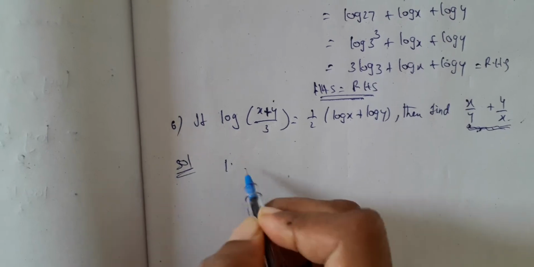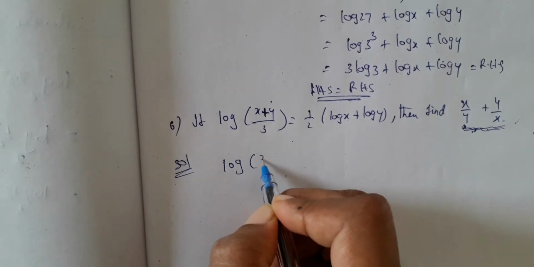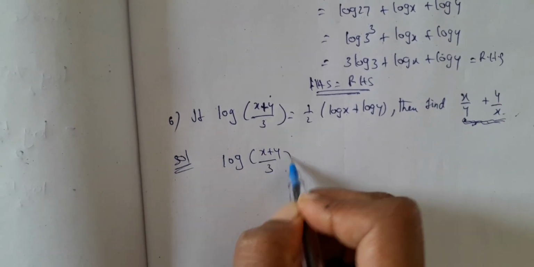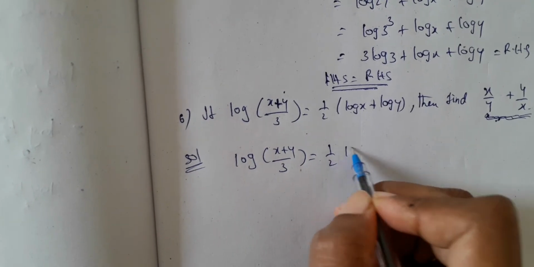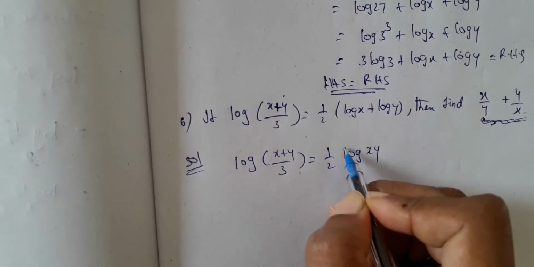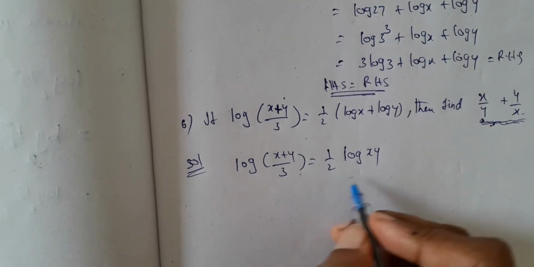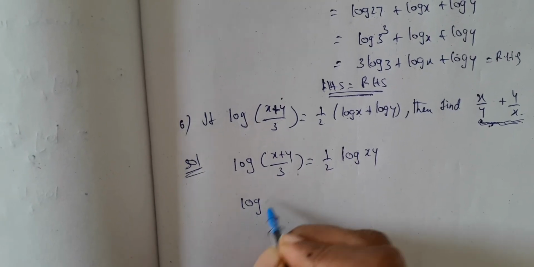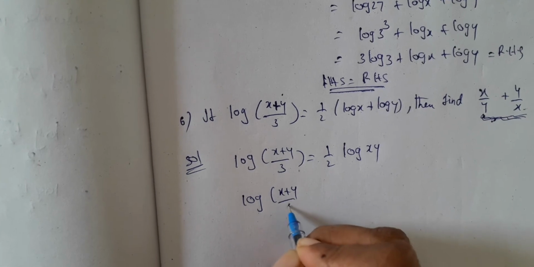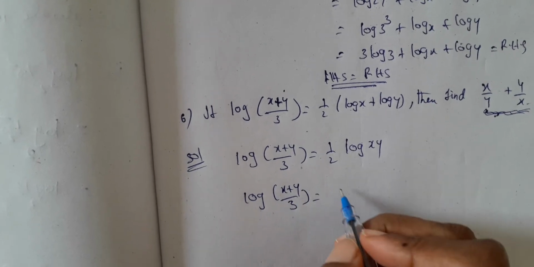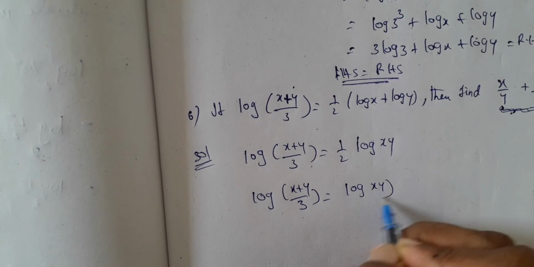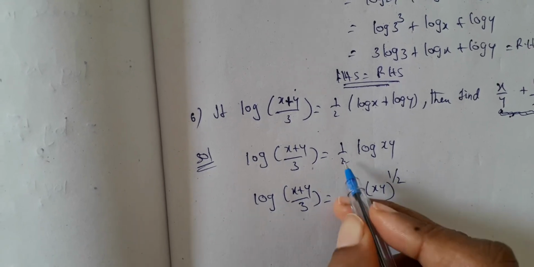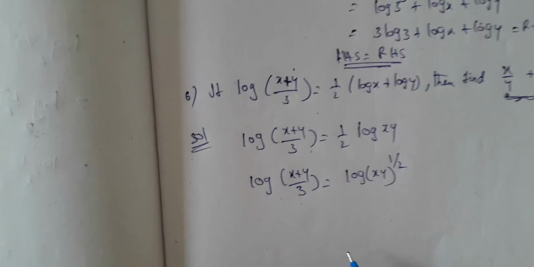Solution. So log (x plus y) by 3 as it is, which is equal to half log x plus log y, log xy. Therefore, now log (x plus y) by 3 is equal to log (xy) whole power 1 by 2. Is it not? This is coming as a power here.